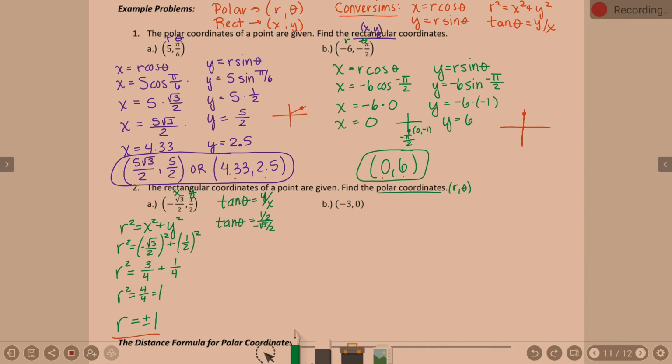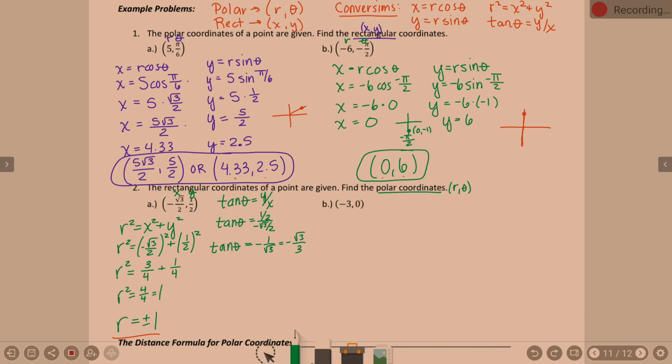Now, have you guys learned when you're dividing a fraction by a fraction, the denominators are the same? What ends up happening? The 2's are going to cancel, and so really tangent is negative of 1 over square root of 3. Okay? Now, if you rationalize that and multiply by square root of 3 top and bottom, this is also negative square root of 3 over 3.